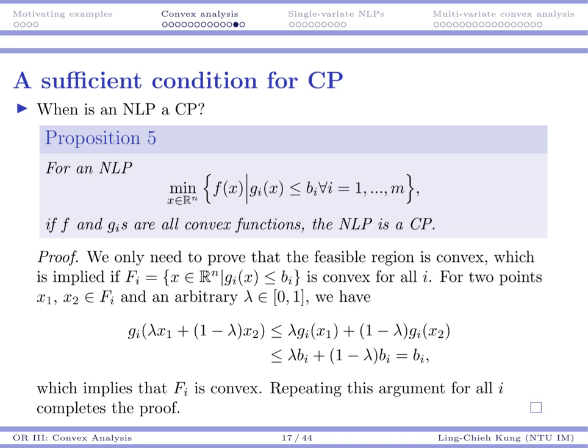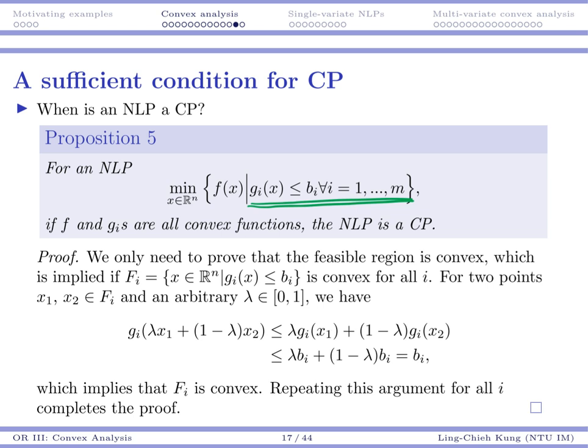Sometimes we need to show that a set is convex or that a program is convex. How may we do that? In many cases, we need to focus on this particular set of constraints.